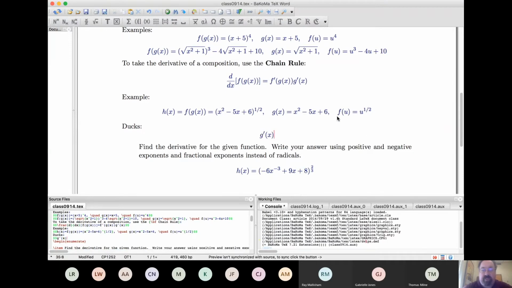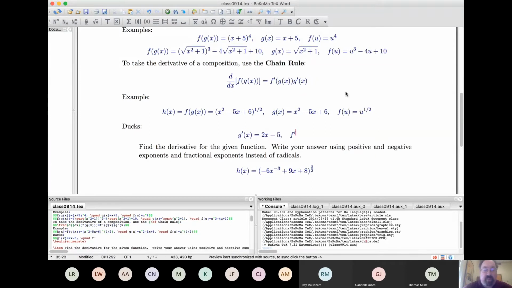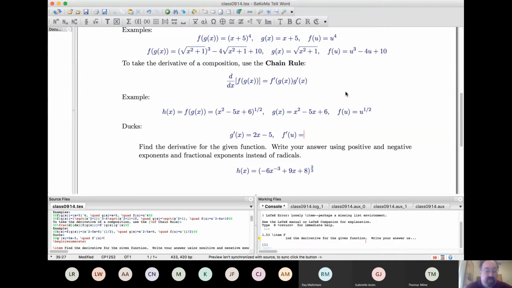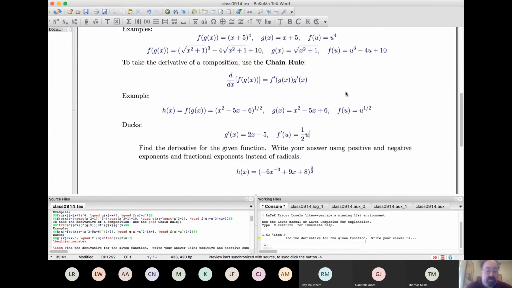That'll be the derivative of this, which would be 2x minus 5. And then f prime of u, we just use the power rule. So that is 1/2 u raised to the minus 1/2.